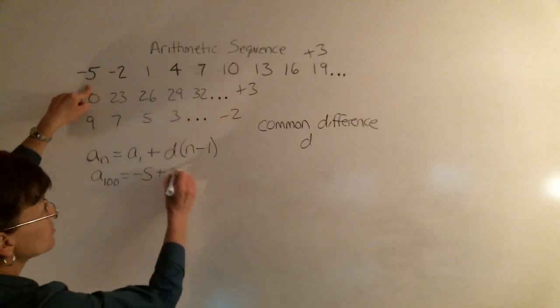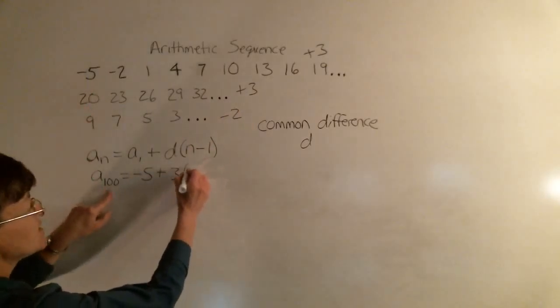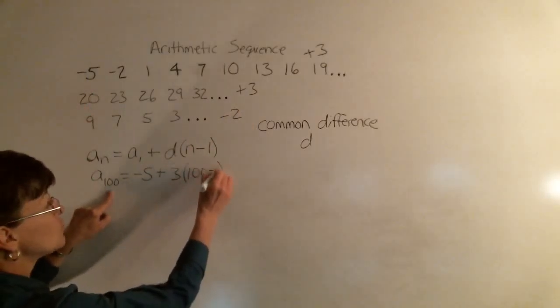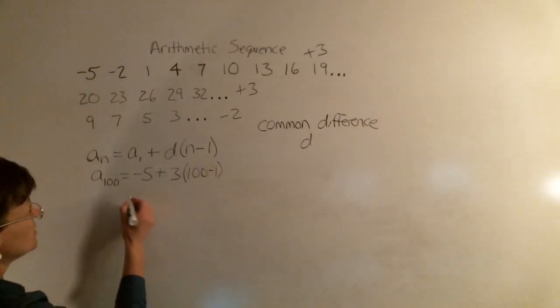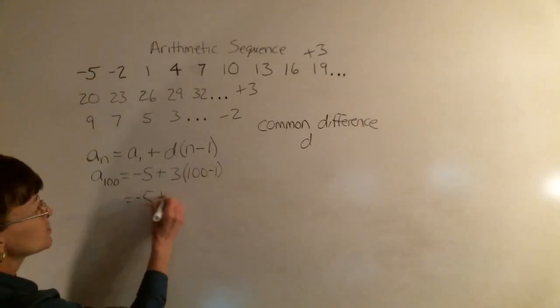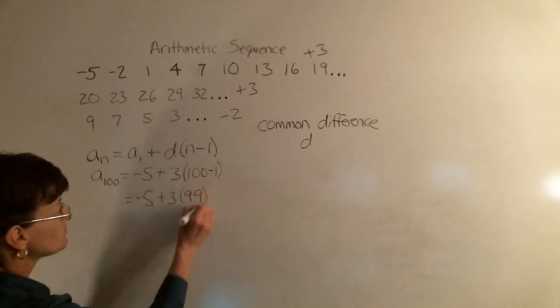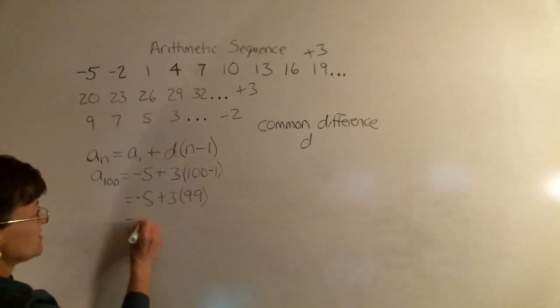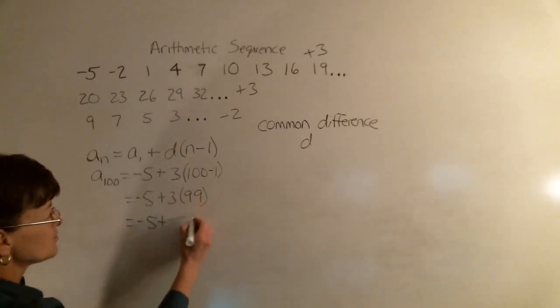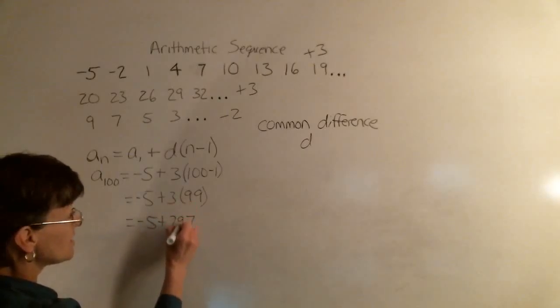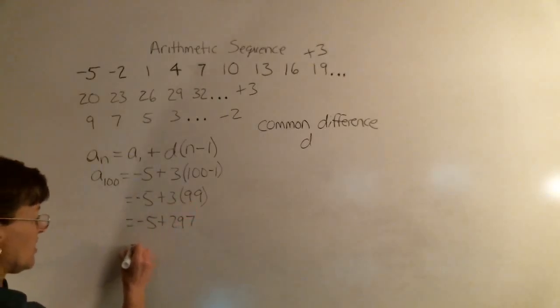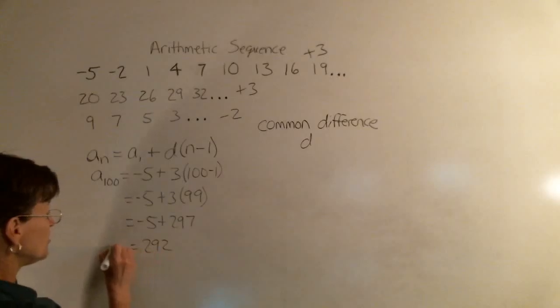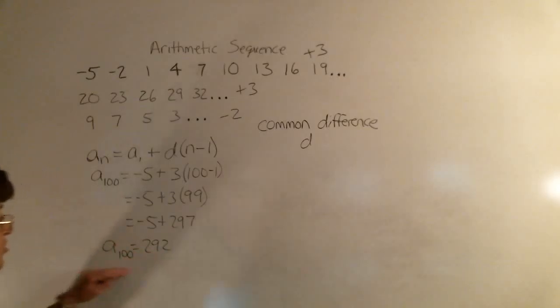I add my 3, and I do it 100 minus 1, or 99 times. So we've got negative 5 plus 3 times 99. Now, negative 5 plus 3 times 99 is 297 minus 5 is 292, and this would be my 100th term.